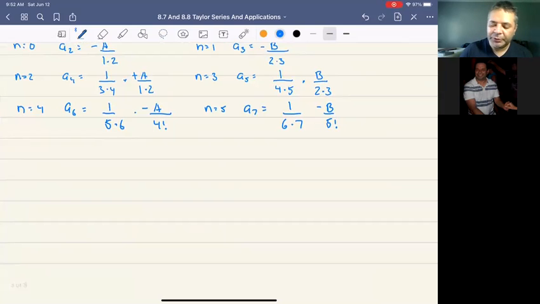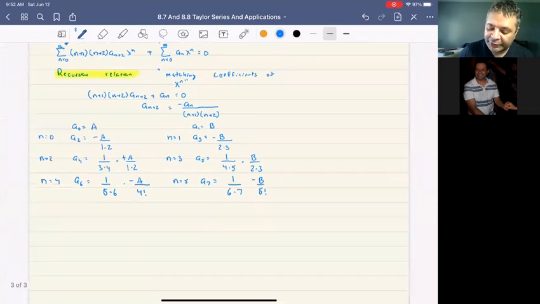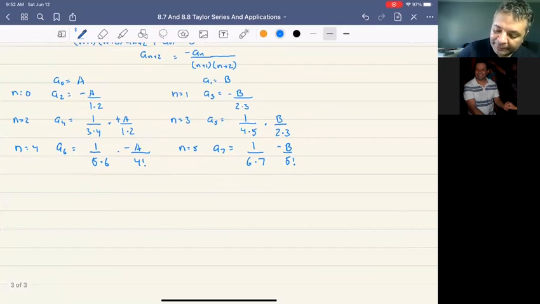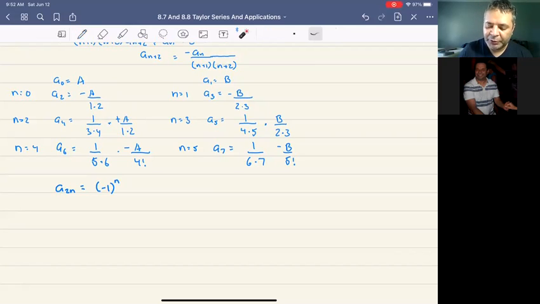Okay, so what is our series? If it's even, now think about this for evens. It's flipping signs, so there's a -1 to the n. Let's just make sure. When n is 0, -1 to the 0 is 1, so n equals 0 should be positive.